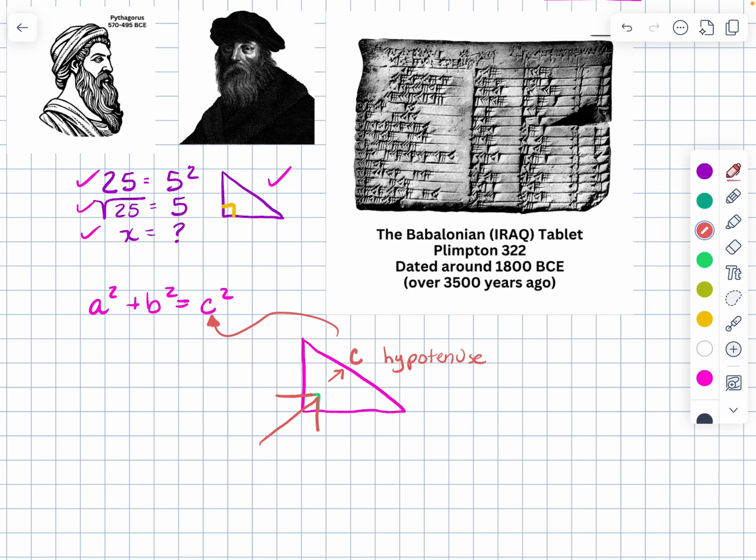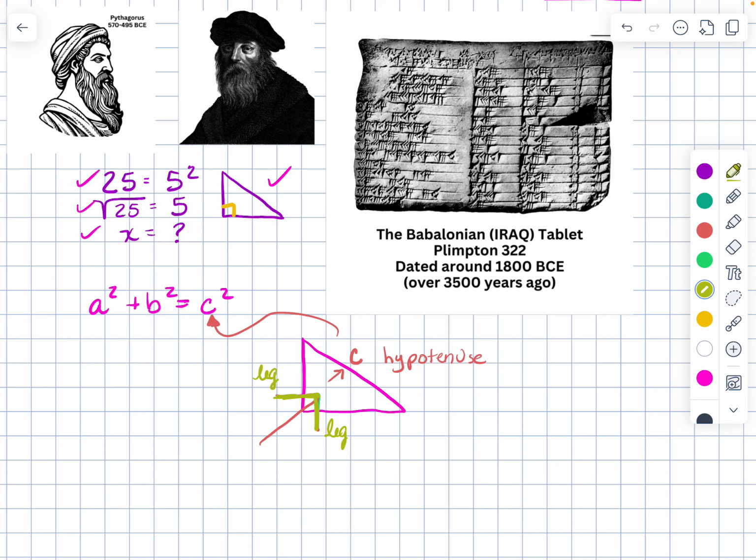Okay? The other two lines, we call those legs. And again, extending this square crosses the legs, so you don't get confused about which sides are the legs and which one is the hypotenuse.